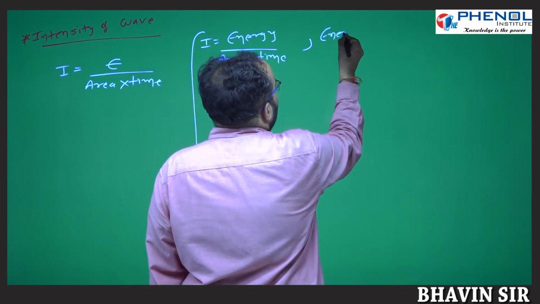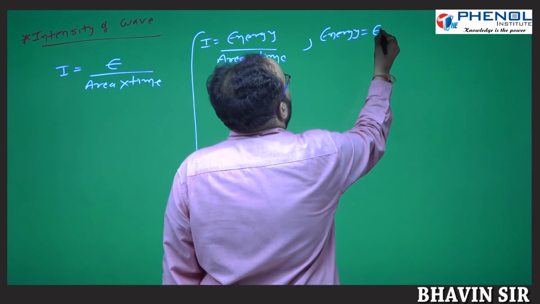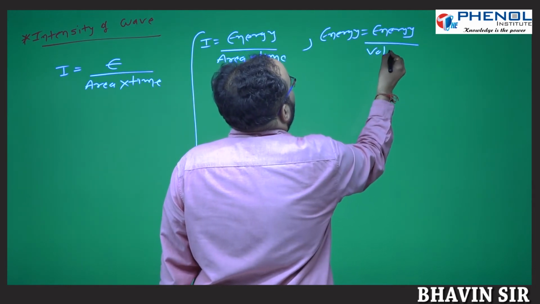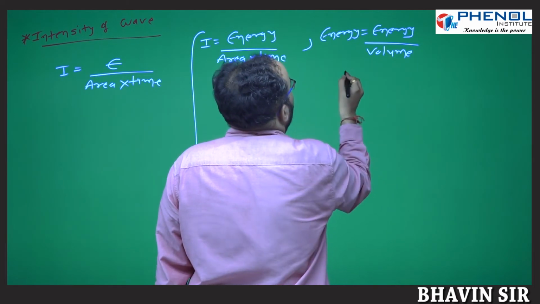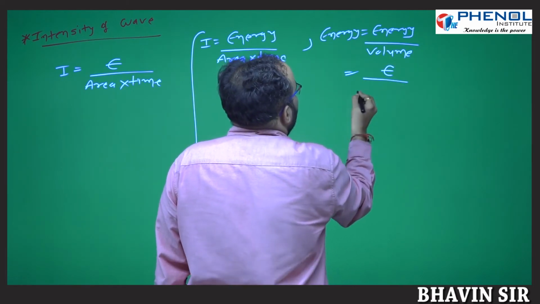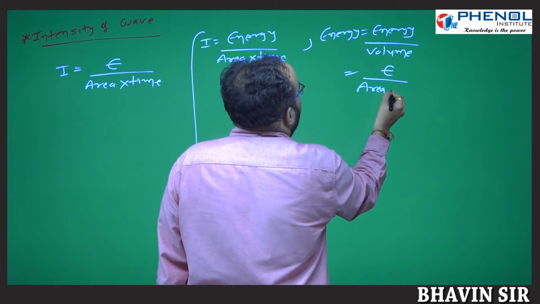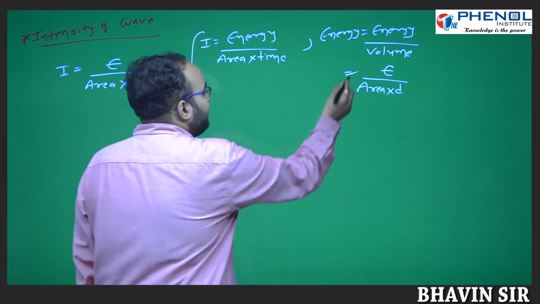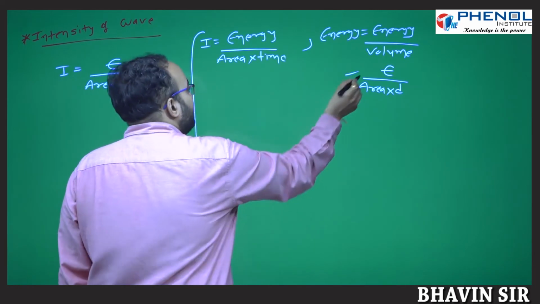Energy density means energy per unit volume. So volume means area into distance.